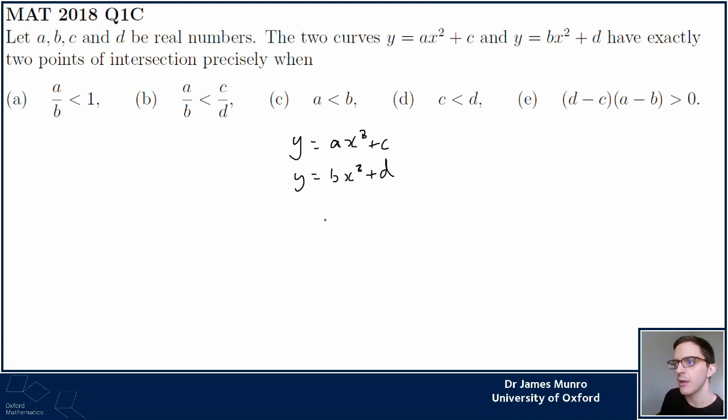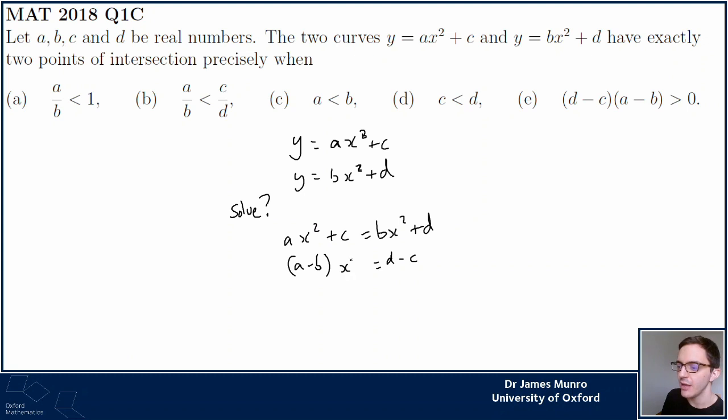So here I'd start trying to solve these to find out whether I could find exactly 2 points of intersection, exactly 2 solutions. So if I solve these, these y values will be equal at the point of intersection. So I want this to be true. And then rearranging this, I suppose I want d minus c equals (a minus b) x squared.